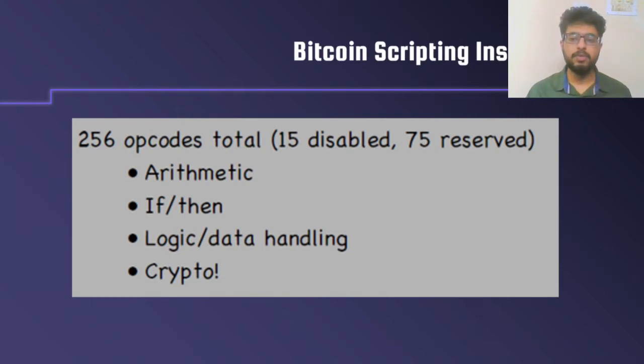And 75 of them are reserved, so they haven't been assigned any specific meaning yet, but they might get added in the future. So there are basic arithmetic instructions, basic logic like if and then throwing errors, etc. And finally, there are crypto instructions like hash functions and instructions for signature verification.